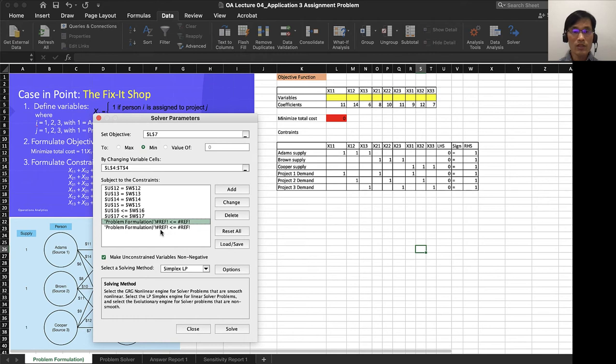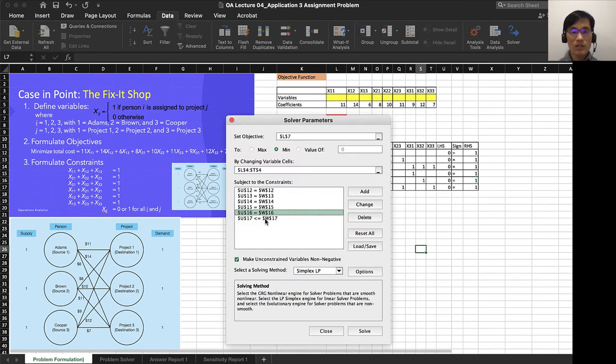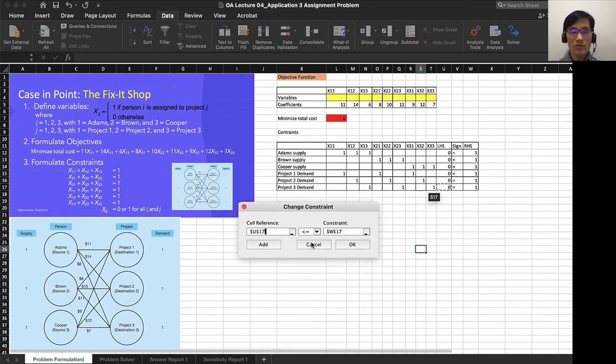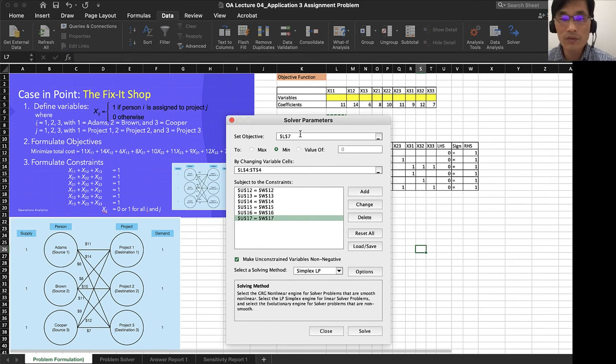I have only six of them, so I'm going to delete these two, and we have to change the sign to an equal sign, right? That one has to change to an equal sign too, right? And then check if everything is okay.